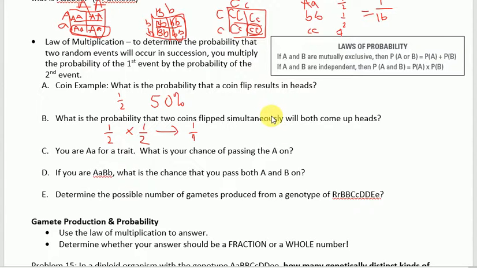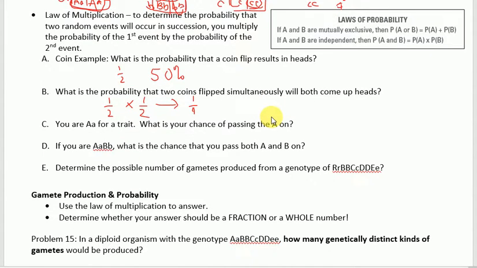So now let's apply it to heredity. You are heterozygous for a trait. What is your chance of passing the A on? Well, you only have 2 letters here, right? So your chance would be, again, 1/2.